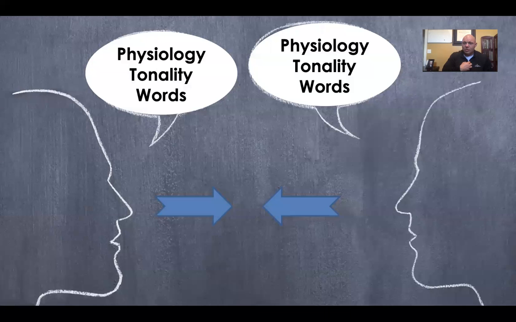So if I'm just using words, I'm only making a 7% impact on that patient's state. If I'm using words and tonality, now I'm making a 45% impact. If I'm using all 3, now I've got 100% ability to influence that patient and create a state of awareness and urgency and interest in getting their needs met.